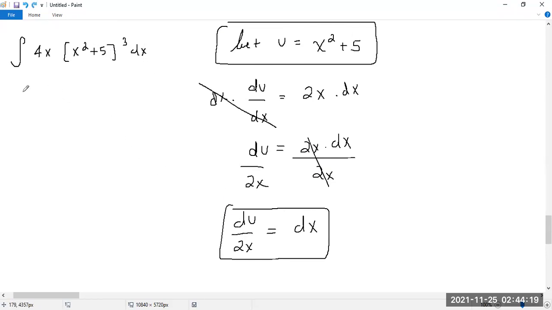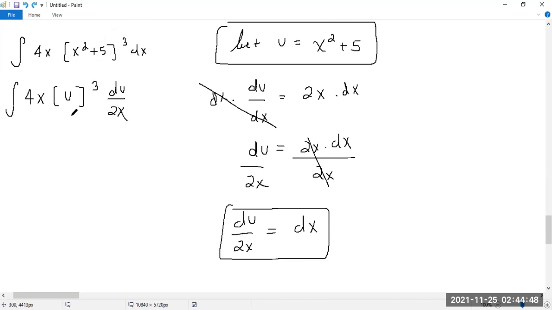So I made it u cubed, and then du over 2x. That's what I said dx is equal to. So I've replaced this with du over 2x, and I've let the inside become u.